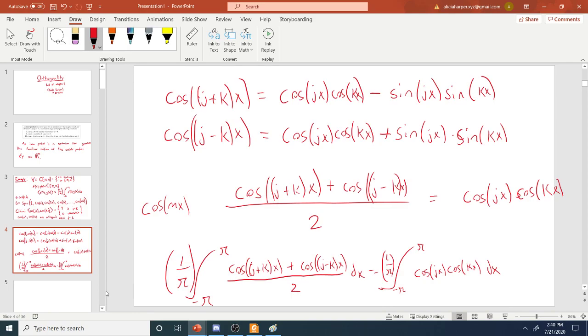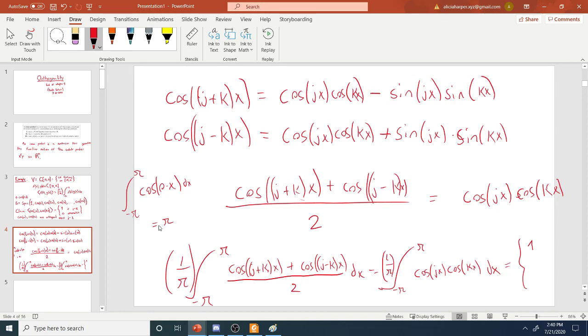So this is what establishes that this right here is equal to, I guess the other fact you need to know is that the integral of cosine of 0x dx is in fact just equal to pi.